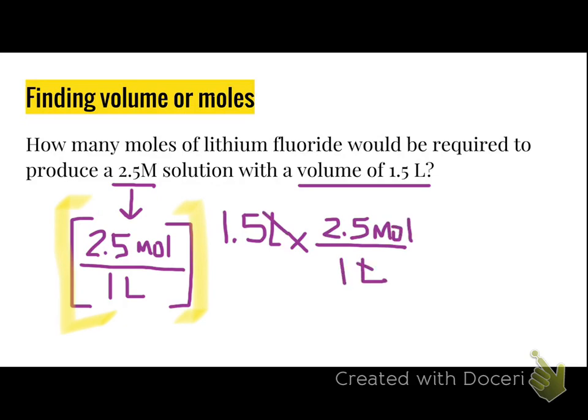And now my units of liters are going to cancel. So now we're going to go ahead and do our math here. 1.5 times 2.5 should give you 3.75 moles of lithium fluoride.